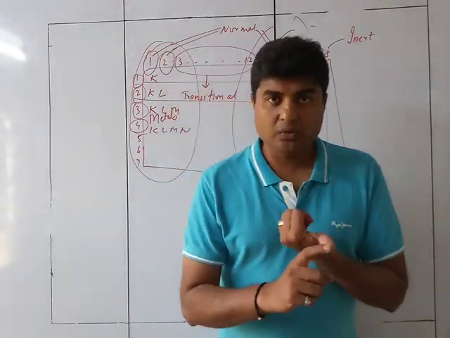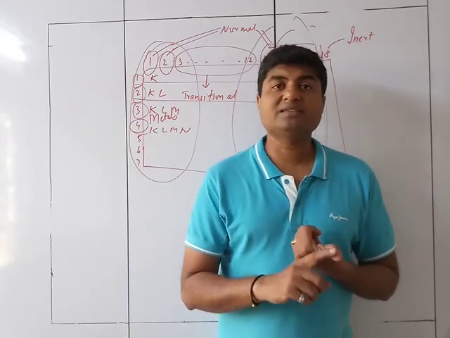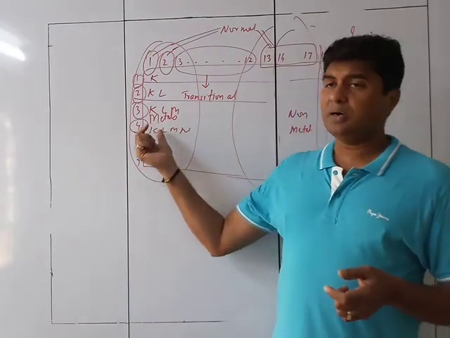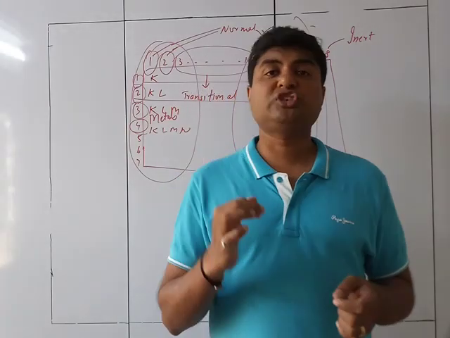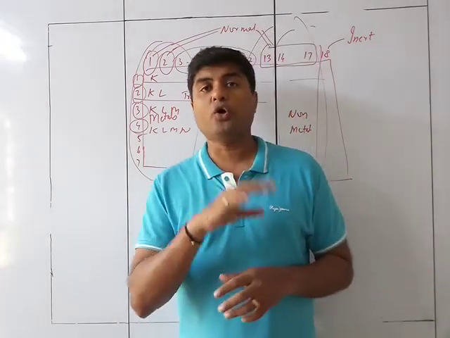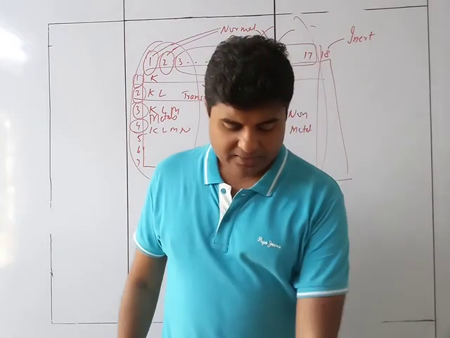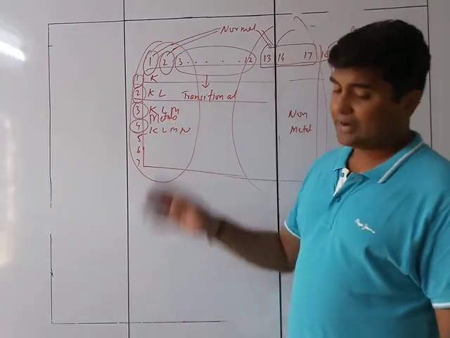Group number will tell you the valency, that is the number of valence electrons, and the period number will give you the number of shells or the number of orbits which that particular atom has. So that gives you the difference between the periods and groups.